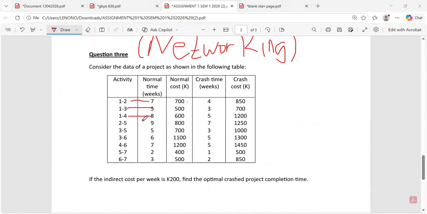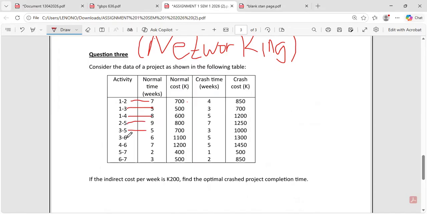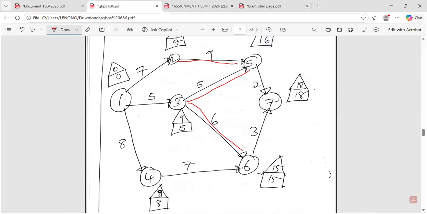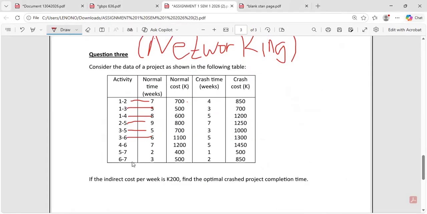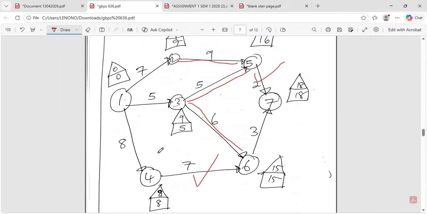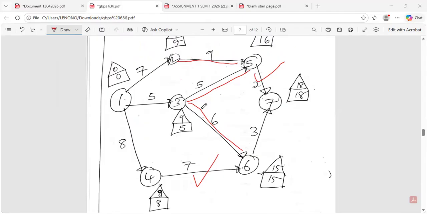And of course, now we get into 4 to 6, 5 to 7, then 6 to 7. So the durations are these ones.